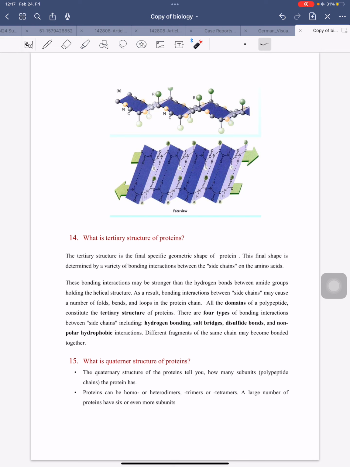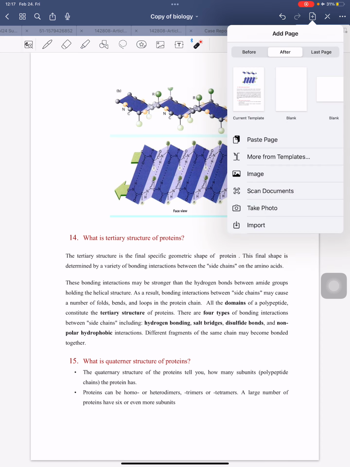Before I start the tertiary structure, I will explain. I draw one amino acid chain, for example starting from NH2 and finishing with COOH, with different amino acids in the primary structure.